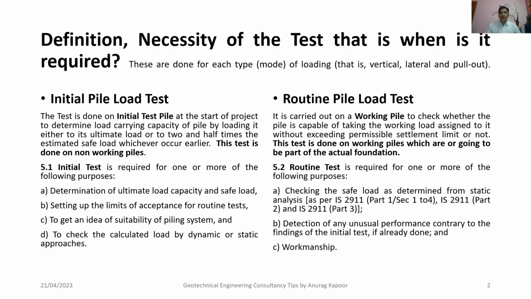That is, when we have decided to go in for pile foundation at the site, we decide the design load and the dimensions of the pile, the length and the diameter, etc. Then we get that initial test pile constructed at the site and tested by loading it either to its ultimate load or to 2.5 times the estimated safe load, whichever occurs earlier. This test is usually done on non-working piles.